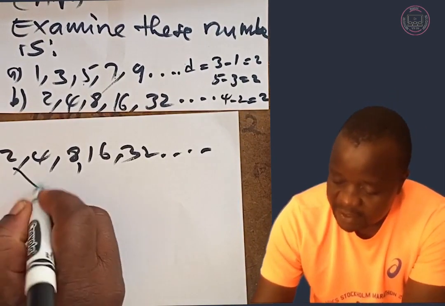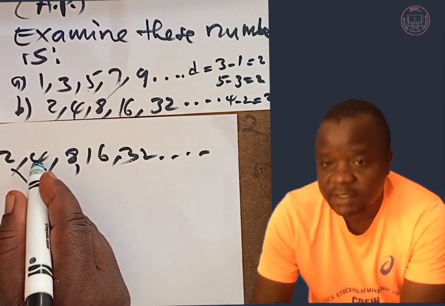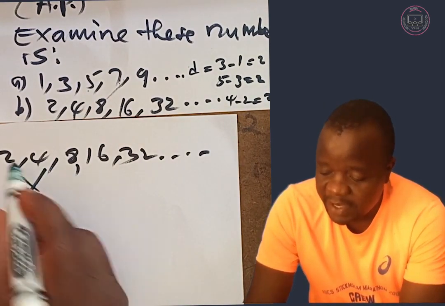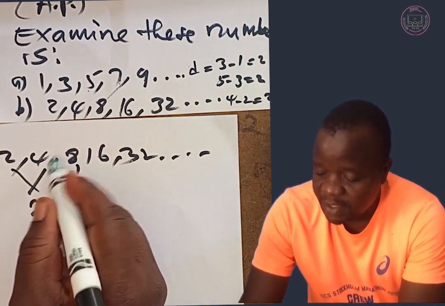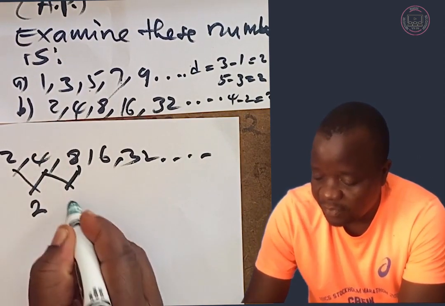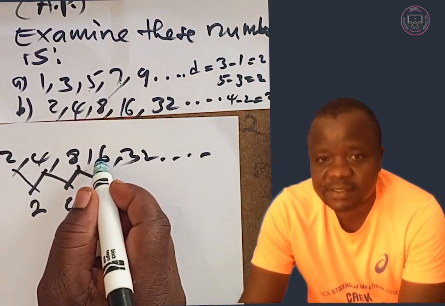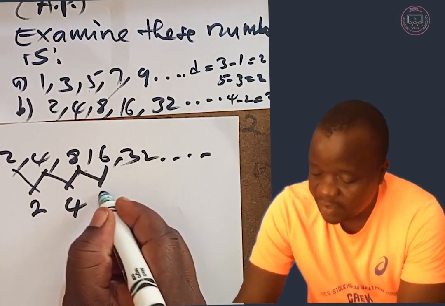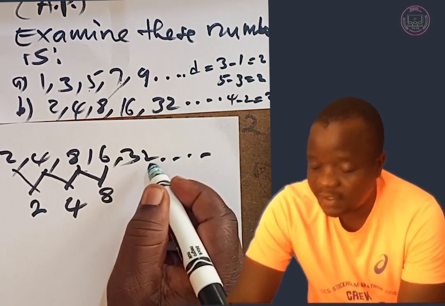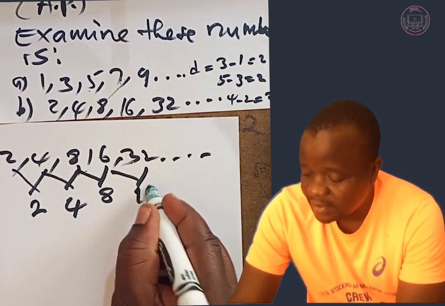But now we are saying the difference between the two numbers. Here, if we subtract, for instance, 4 minus 2, we get a 2. And if we subtract again 8 minus 4, we get a 4. Then 16 minus 8, we get 8. Likewise, 32 minus 16, we get 16.